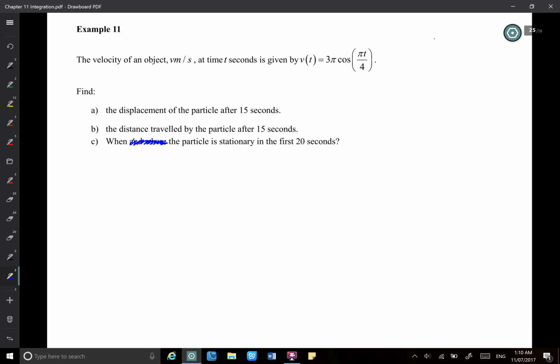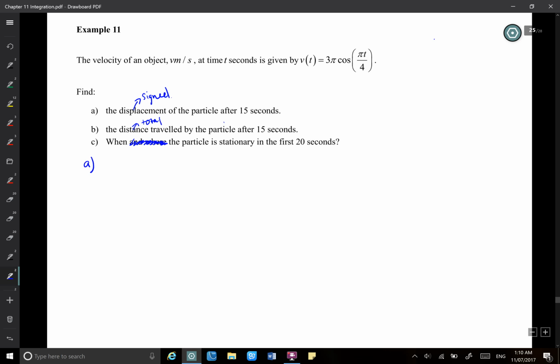Find the displacement of the particle after 15 seconds, from 0 to 15 seconds. If I want to know the displacement, I need the signed area. Then the next question asks about the distance, so what I need to know is the total area.